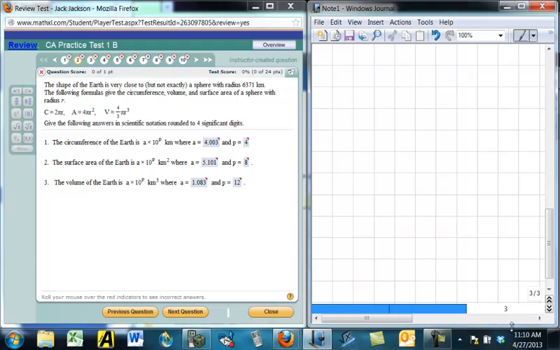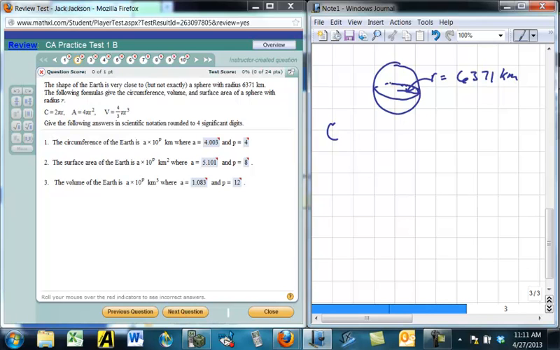The shape of Earth is very close, but not exactly a sphere. That's just a ball like this, set of points that are equidistant from a given point. And you go from the center of Earth out, that's the radius, and they're going to say that radius is 6,371 kilometers. And here are formulas for circumference.